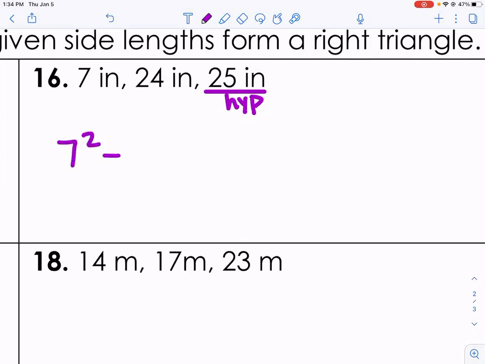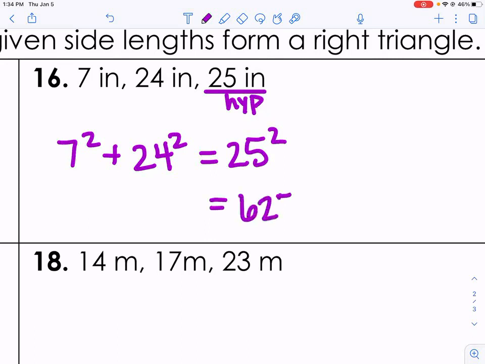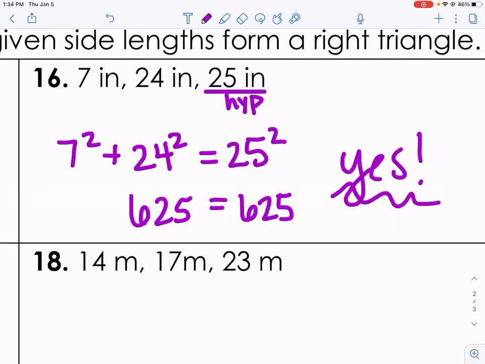Okay, so 7 squared plus 24 squared, does that equal 25 squared? Well, I know 25 squared is 625. We just talked about that number. But if you put in your calculator 7 squared plus 24 squared, so yes, we have a right triangle.